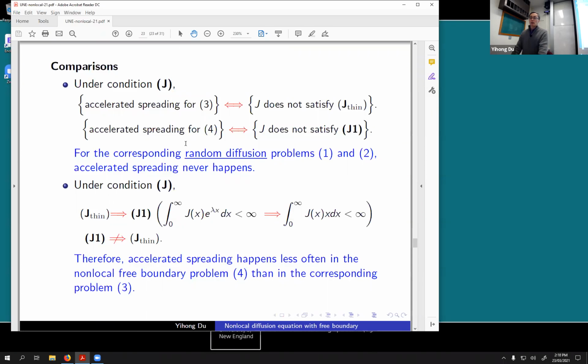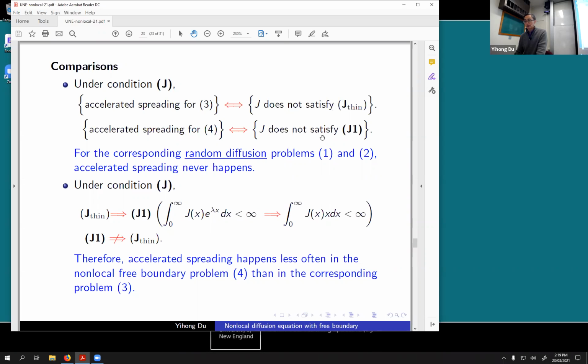Now if we compare, 3 is nonlocal diffusion without a free boundary, and 4 is nonlocal diffusion with a free boundary. In both, accelerated spreading can happen, but in 3, the nonlocal classical Fisher-KPP equation, accelerated spreading happens if and only if the J condition does not hold.